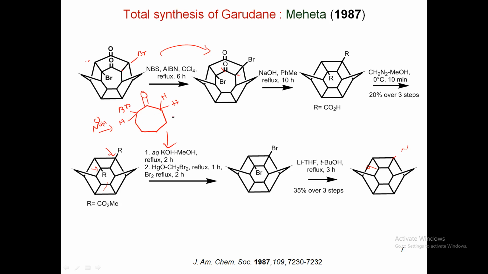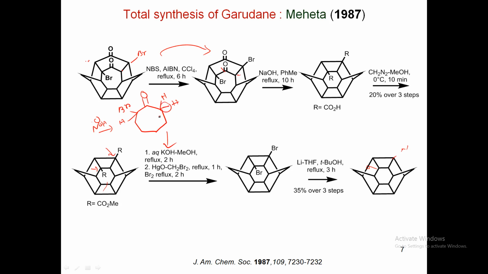So let's say three species are in equilibrium: this side enolate, that side enolate, and the molecule itself. If one of the enolates is unreactive and another enolate is reacting, then to maintain the equilibrium, this particular enolate would also be converting to that region. So that's how things work.